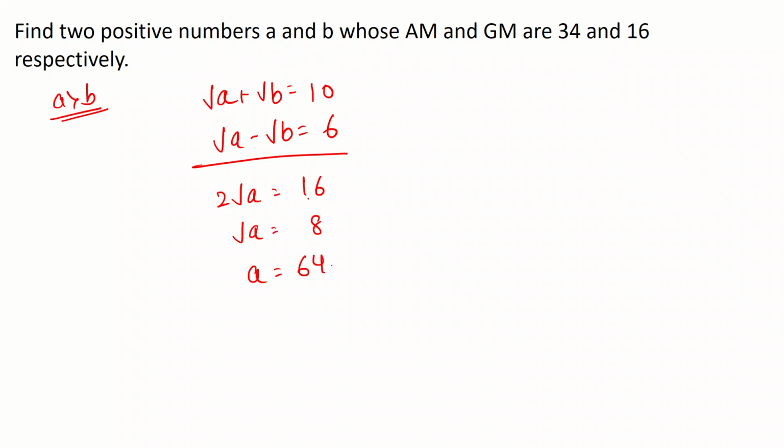Similarly, if I subtract these two, root a and root a get cancelled out. I get 2 root b is equal to 4, root b is equal to 2, and b is equal to 4. So my two numbers are 64 and 4. If you want, you can also take a to be less than b.